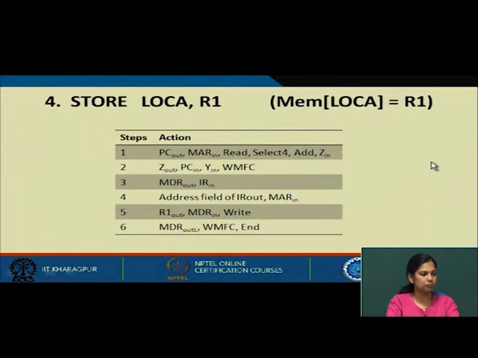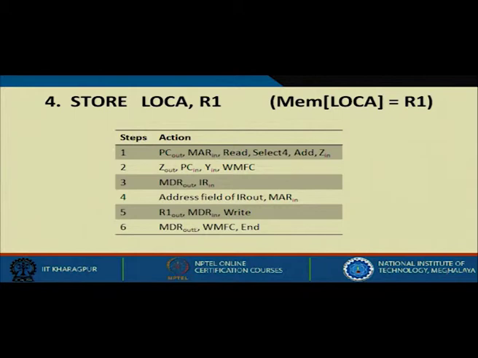Let us move on to how to store a word into memory. For loading a word, once we activate the read control signal, the data is read and stored in MDR. For a write operation, we know that we have to put the address in MAR and the data that needs to be written in MDR, and then only can we activate the write control signal.